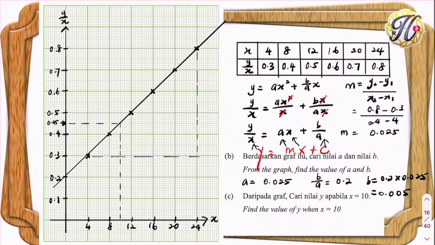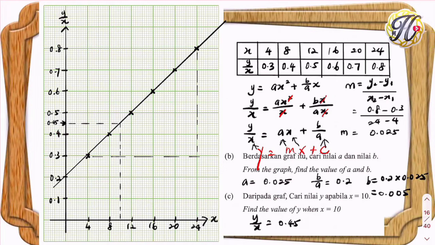Di mana apabila X 10, saya tengok ini. Look at this. Be careful, this is Y over X. Bukan Y ya. Soalan nak cari Y. Ini adalah paksi Y bahagi X. Ramai pelajar juga buat terus. Okay. Y saya adalah sama dengan 0.45. Salah ya. So ingat hati-hati. So kamu kena buat apa? Apabila X sama dengan 10, my Y over X which is equal to 0.45.